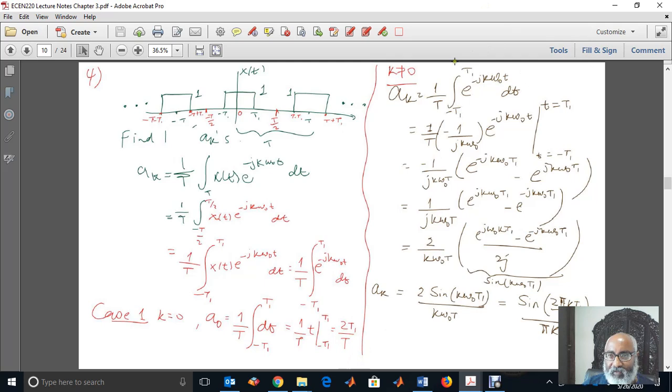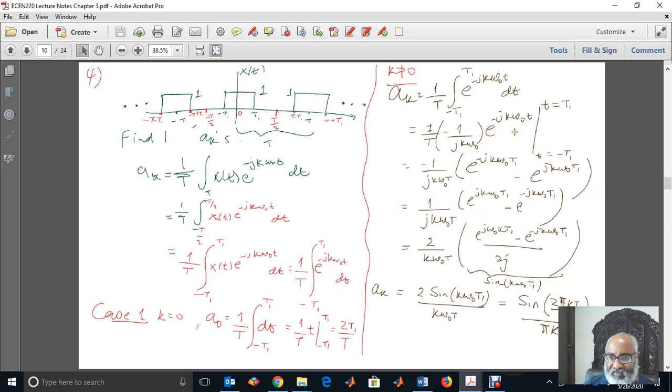If k is different from 0, we use the rule of integration for e to the power of at, which is 1 over a, e to the power of at. So a is now minus j k omega naught, so we get negative 1 over j k omega naught, e to the minus j k omega naught t.